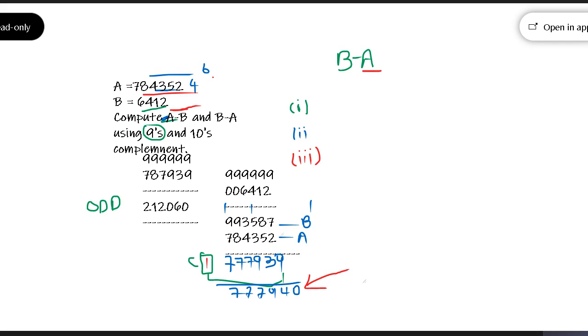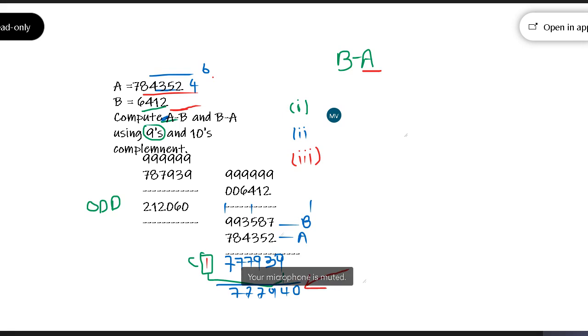So I'll line up 1, 2, 3, 4, 5, 6, that is 7, 8, 4, 3, 5, 2.